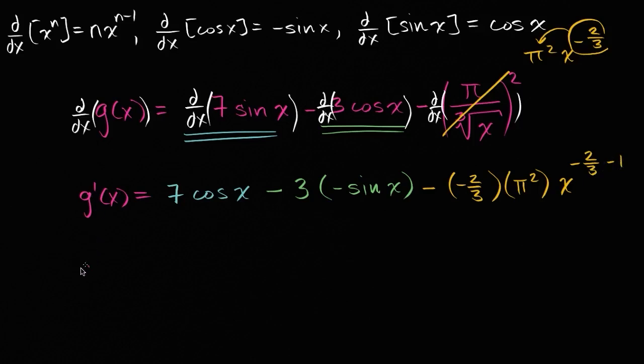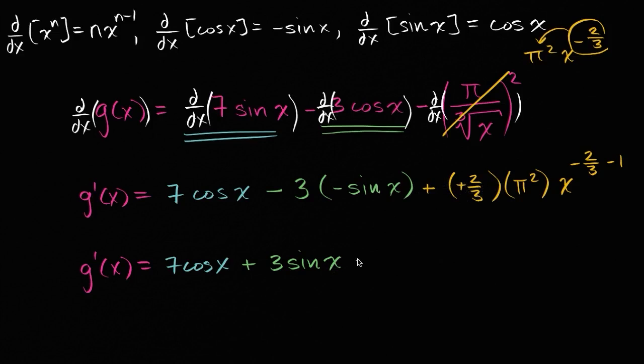So we get g prime of x is equal to 7 cosine of x. And let's see, we have a negative 3 times a negative sine of x. So that's a positive 3 sine of x. And then we're subtracting, but then this is going to be a negative. So that's going to be a positive.